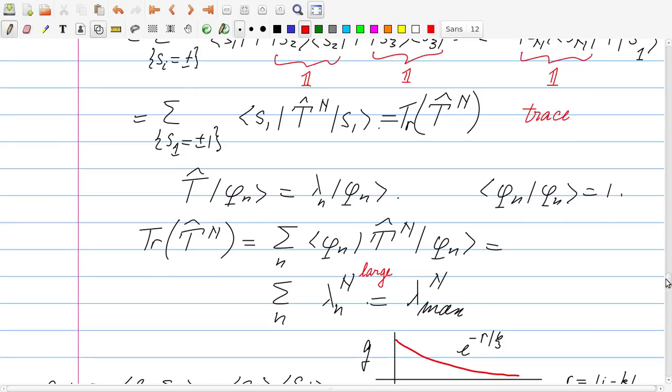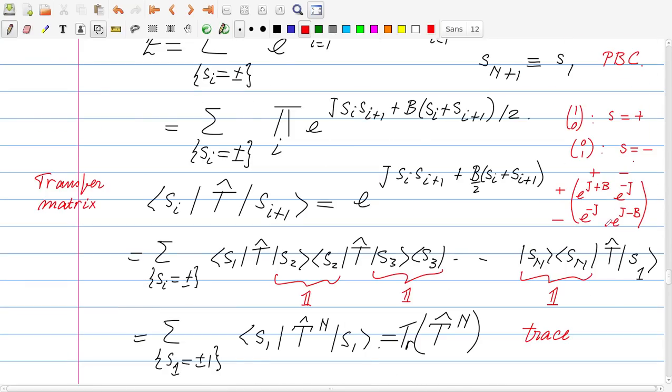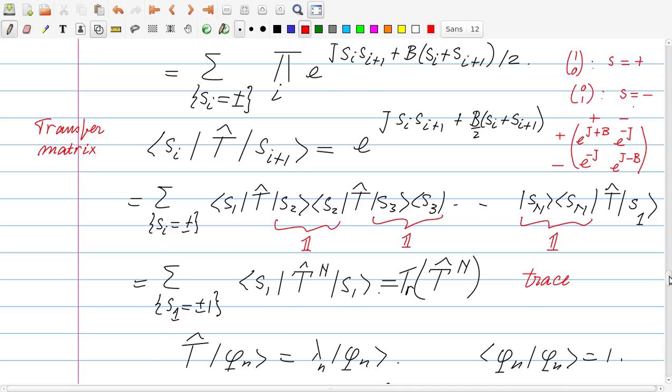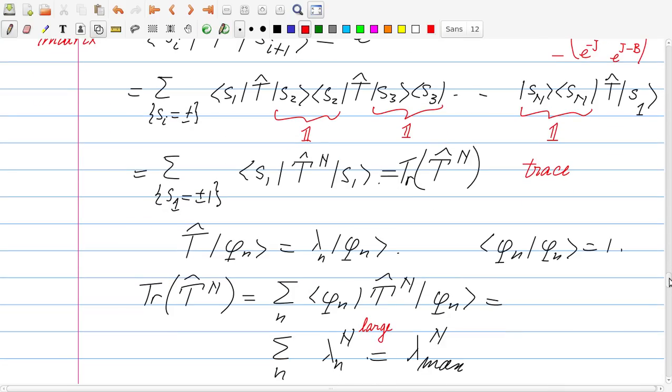Now, to be specific, in the case of the Ising model, where we have a 2 by 2 matrix, you can make an effort and try to diagonalize that matrix. You will find two eigenvalues, and those eigenvalues in general are different in value.